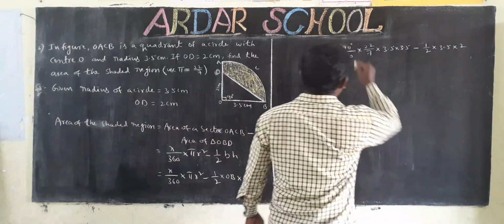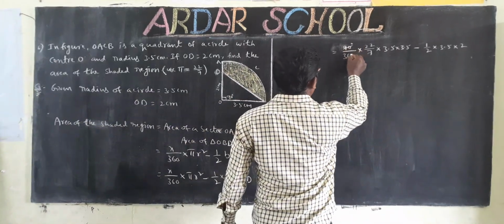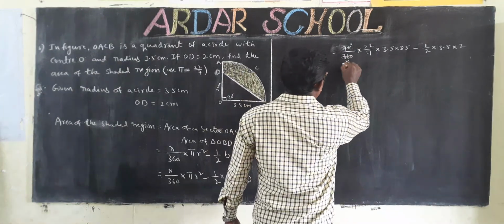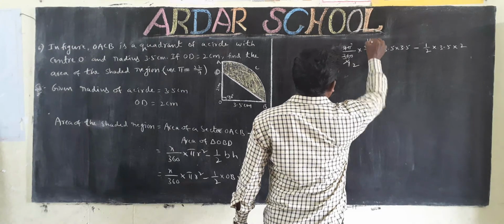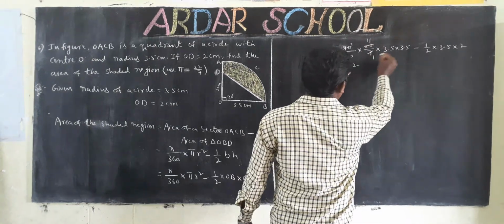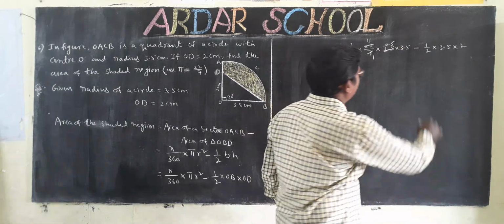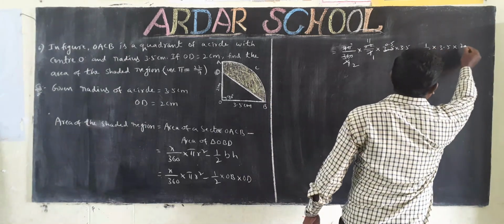Now cancel this. 2 2s cancel. 7 ones are 7, 7 into 0.5.